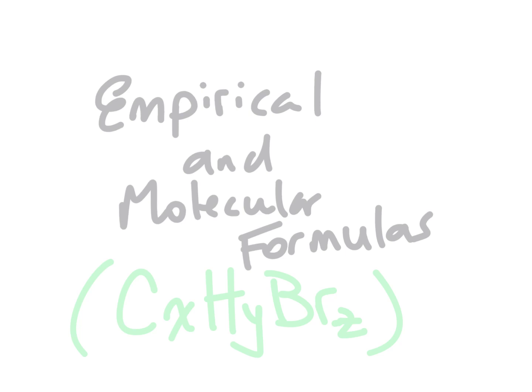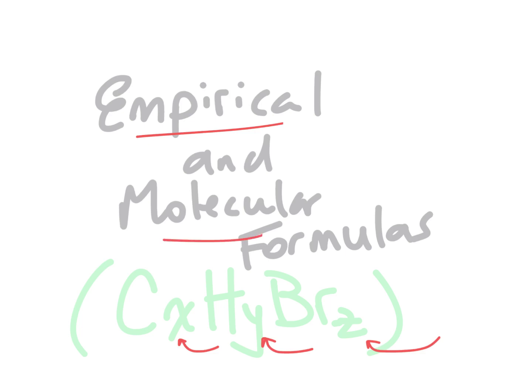Okay, this lesson will be about determining empirical and molecular formulas from data in a question. What's an empirical and molecular formula? Well, remember that the empirical formula is expressing these numbers here represented by x, y, and z as the lowest whole number ratio of the mole ratios, or just the atomic ratio among those atoms that make up that sample.